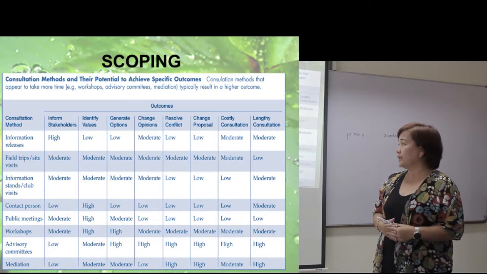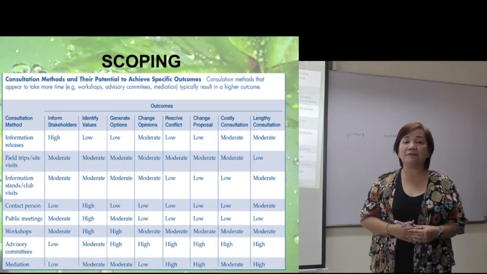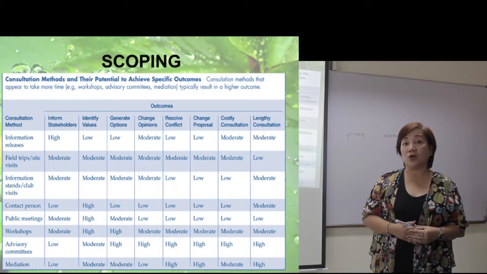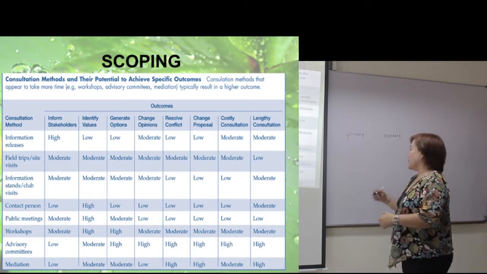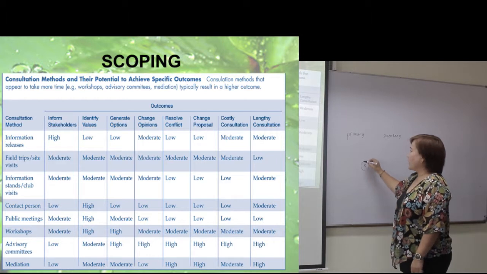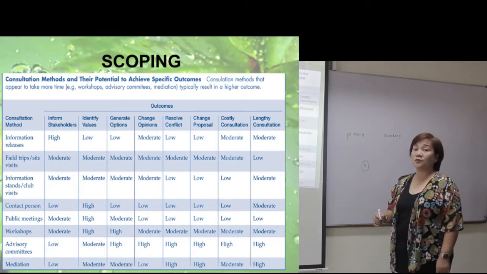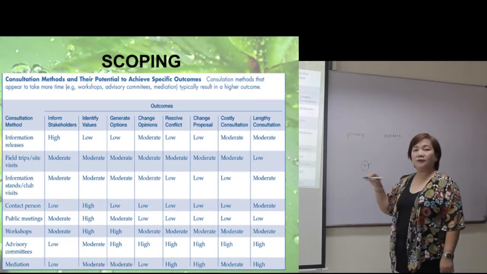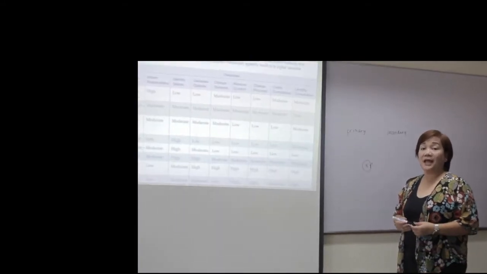So what you do in the public meeting is you invite as many stakeholders as possible. Now, who are the stakeholders? You remember that if this is your plant, you have to identify the different impact zones. So the primary impact zone would involve communities around the plant.